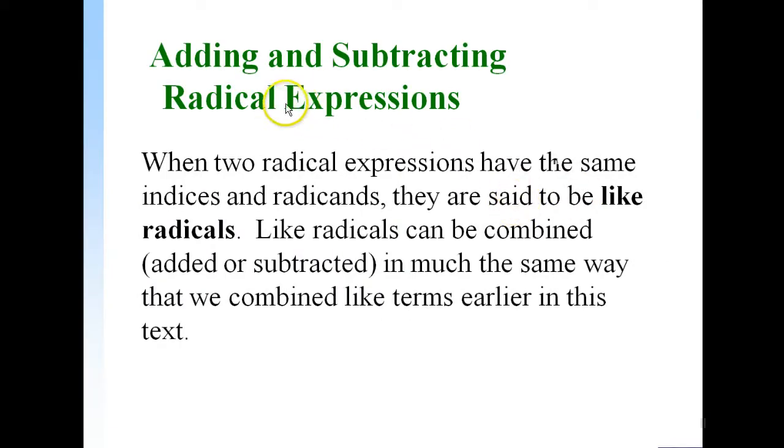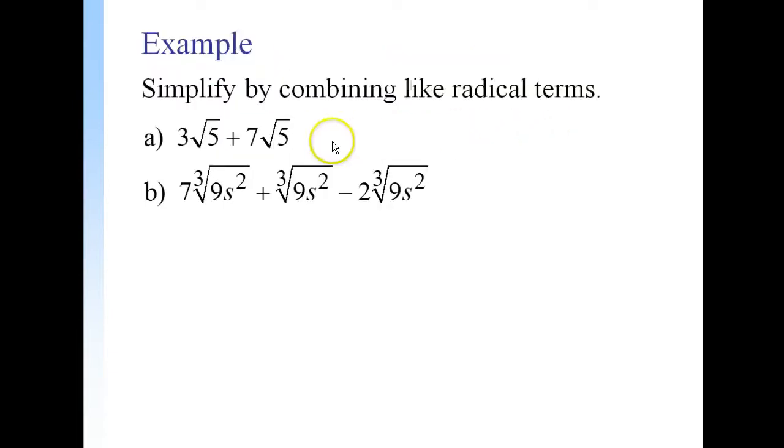Now, when we are adding radicals, what we add, similar to what we've done in other areas of algebra, like terms, but now they're calling them like radicals. And we'll illustrate what that is here. So if the radical part is identical, these are considered like radicals.